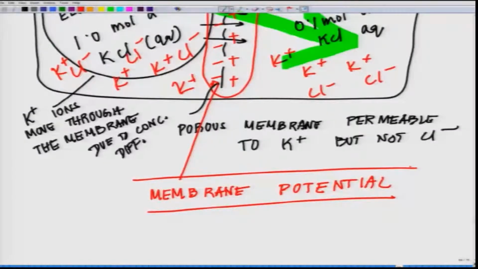Very soon, in a few minutes, we will talk about biological cells, the real life cells which are made by nature. Okay. So, this is the genesis of the development of membrane potentials, because of the potassium ion moving through the membrane due to difference in concentration. This puts a small positive charge on the right hand side of the membrane.